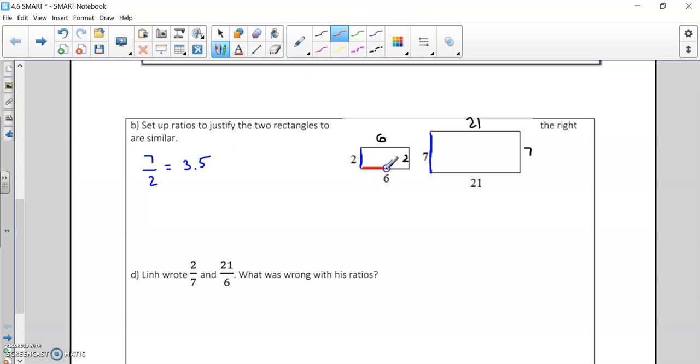Okay, and then if we made the other ratio, okay, 21 over 6, if you go ahead and do 21 over 6 in your calculator, you end up getting an answer of 3.5 as well. Ooh, that's an ugly 3. All right, so because these two are equal, they are similar.